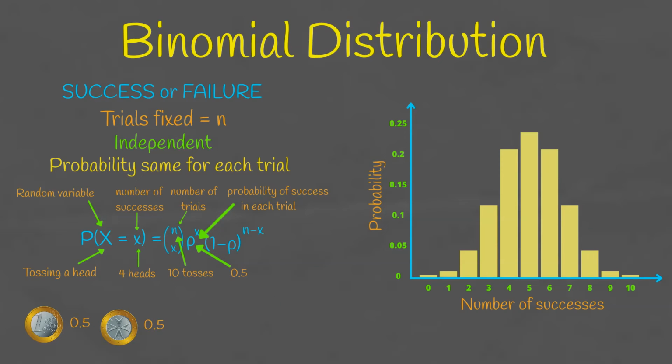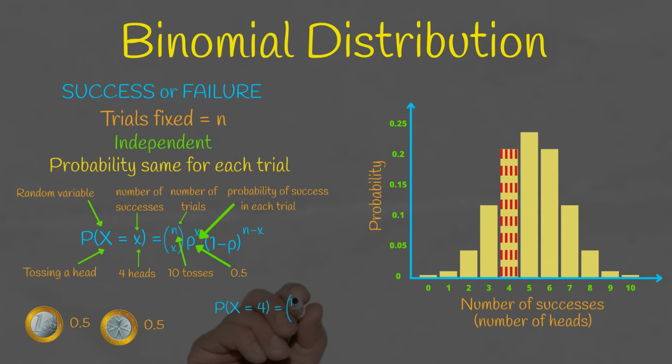So now, to find the probability of tossing a head 4 times if we do 10 trials, we put the numbers into this equation, and that is the same as finding the height of this bar. This is the equation written down with all the values put in. Now for the first bit, 10 choose 4, we can use the combinations formula, which is here, and we end up with 10 factorial over 4 factorial, 6 factorial.